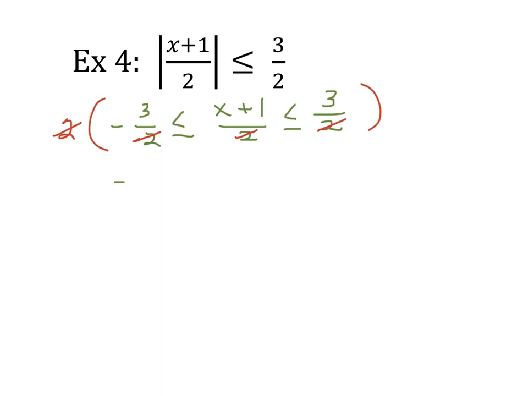And what we are left with is -3 less than or equal to x plus 1 less than or equal to 3. And suddenly our problem does not look so complicated anymore. It's really very simple. So we're going to start by subtracting our 1. And there we go, we're done.